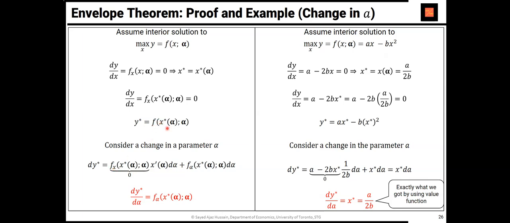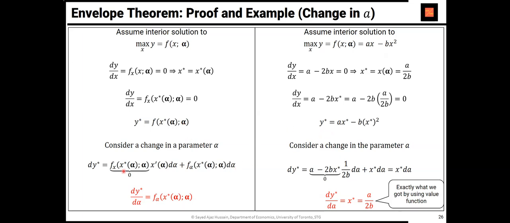Then the change in x due to a change in alpha, that means differentiate x with respect to alpha, times the total change in alpha. Plus, remember the alphas are coming separately. Remember the last lecture we did. The change in f with respect to alpha, that's your partial derivative right there, times the total change in alpha.